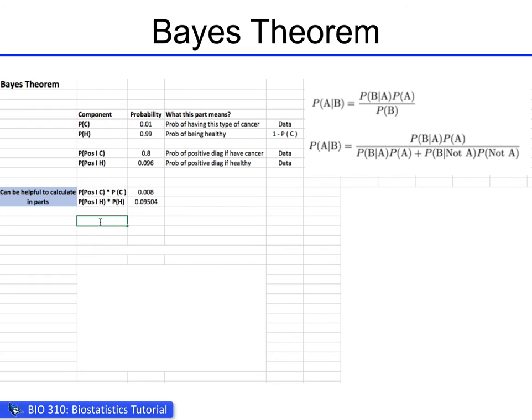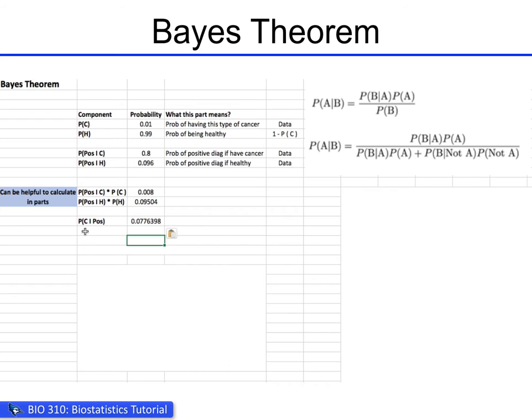Now we can go ahead and do our calculation for Bayes' theorem. So what we need to calculate is the probability of having cancer if you get a positive result. Okay, so this is flipping this Bayes' theorem around.